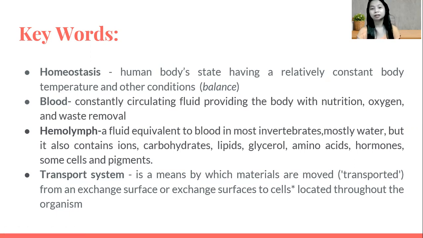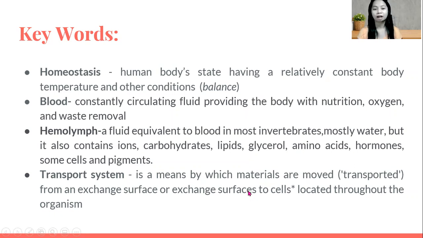Blood is a constantly circulating fluid, providing the body with nutrition, oxygen, and waste removal. Hemolymph is a fluid equivalent to blood in most invertebrates, mostly water, but it also contains ions, carbohydrates, lipids, glycerol, amino acids, hormones, some cells, and pigments.